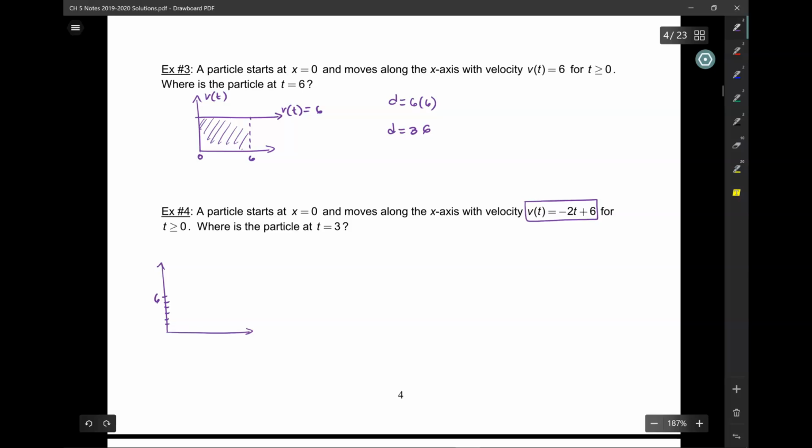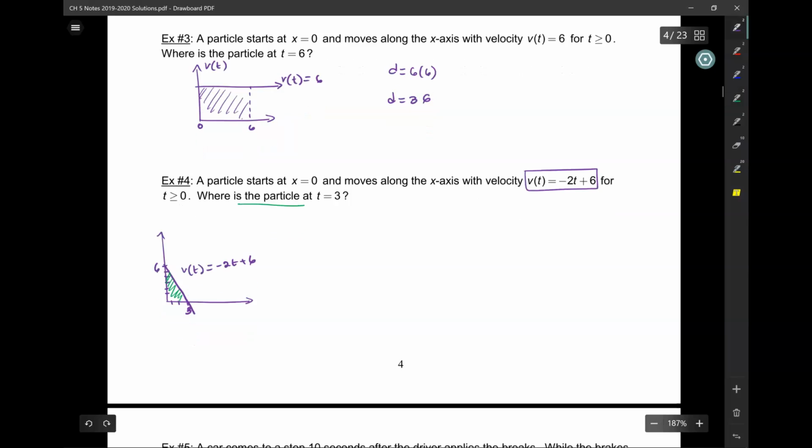Y-intercept is 6. Where does it cross the x-axis? At 3. Okay, so v of t is equal to negative 2t plus 6. Now, if I want the distance, I need the area under this curve, right?